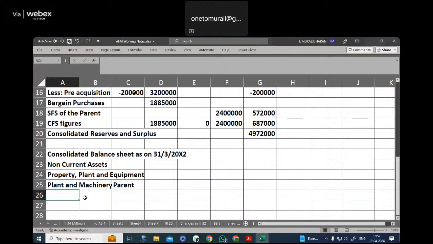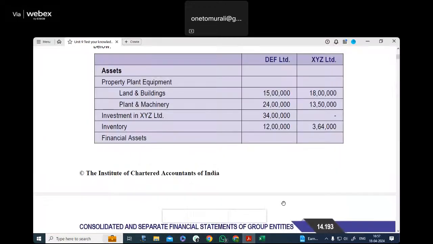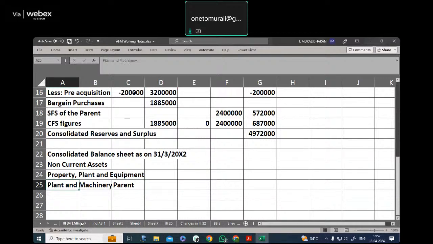Parent figure. So first land and building, okay. Extremely sorry. Land and building.